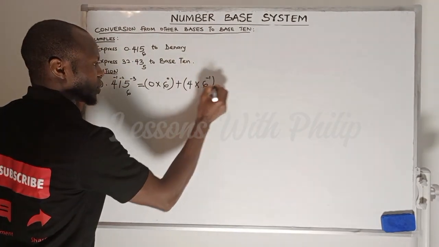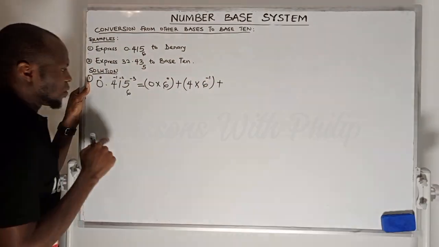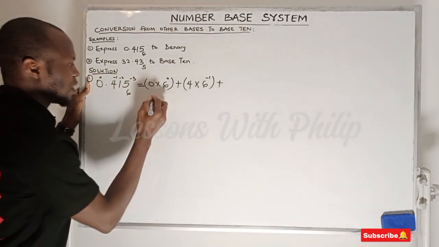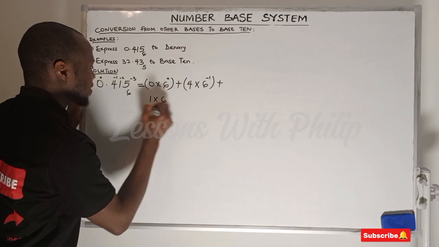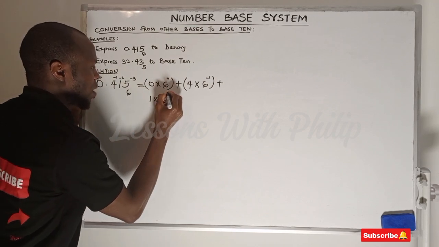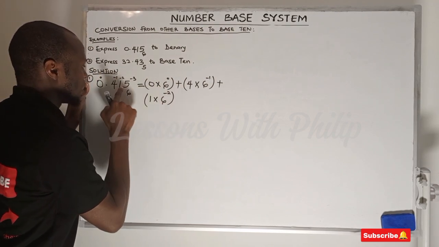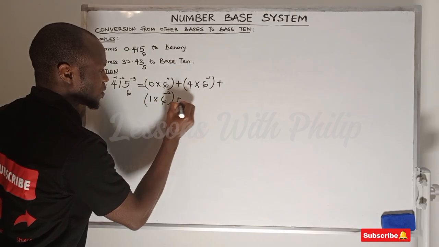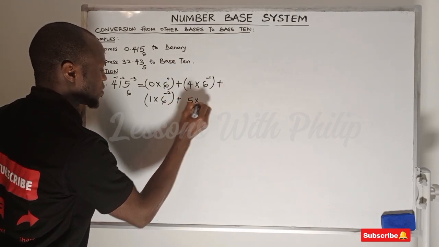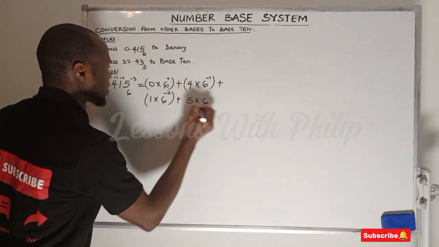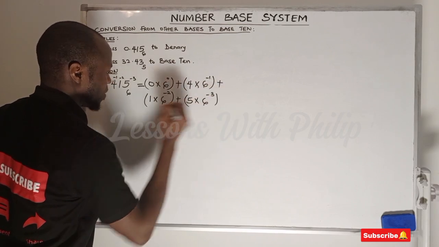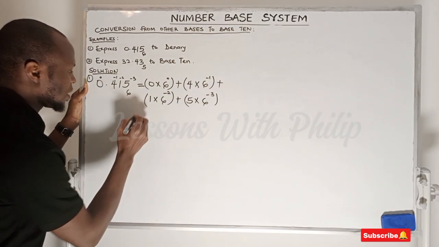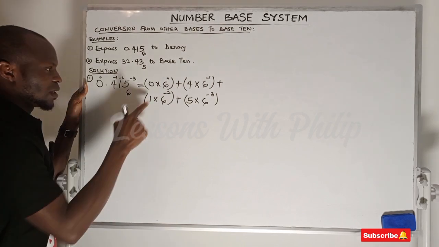Plus we have our 1. That will be 1 times base 6, power minus 2. And the last one is 5 times, what is our base? Base 6. Power minus 3. All right? Okay?